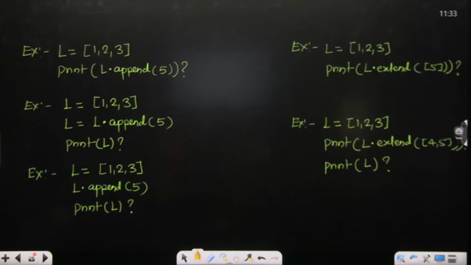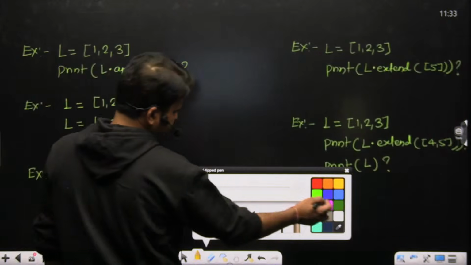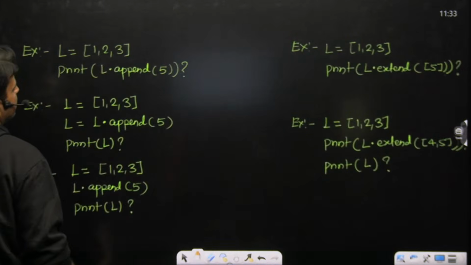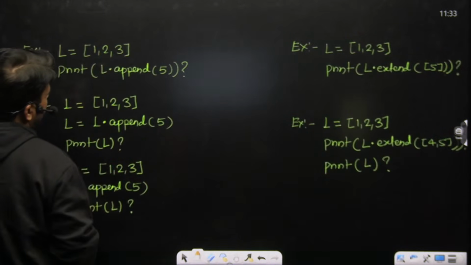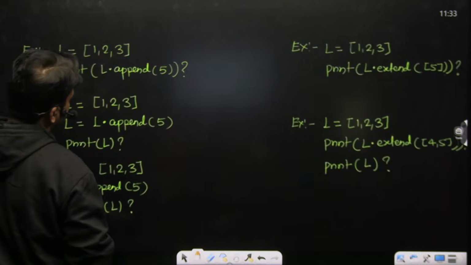So what is the output, student? Here I am printing L dot append 5. So what do append and extend return, student? None.